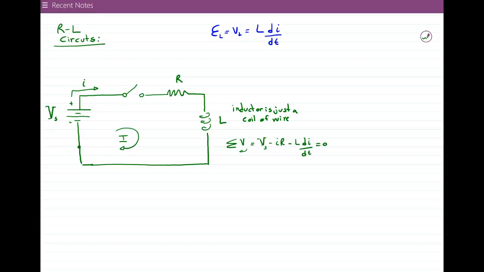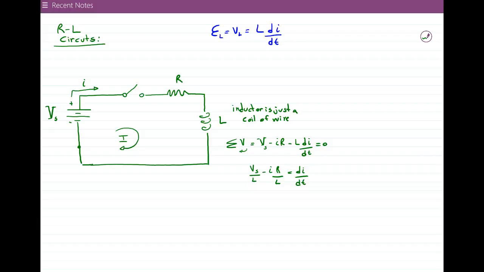Bring this term over, divide by L, and I'll have Vs over L minus I R over L is equal to dI/dt. Now I'm going to multiply both sides of that equation by dt, the small increment of time required to cause the current to change by a small increment dI.